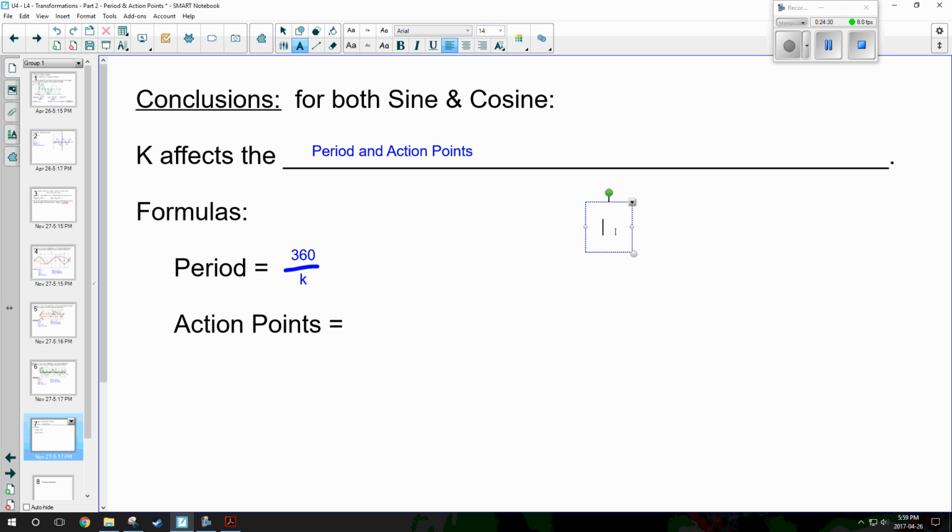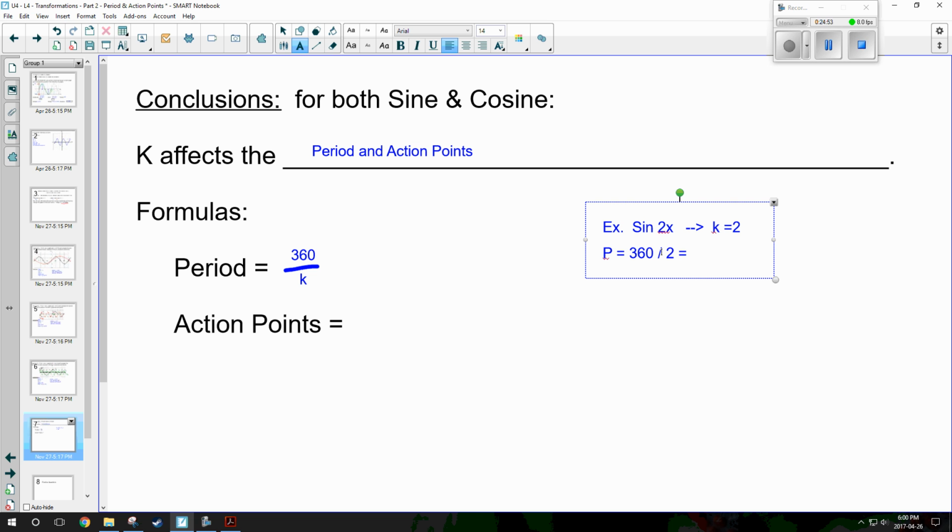So let's just see an example of that. For example, when we had sine 2x, and that's the one that we were graphing, our period, if we do 360 and divide it by our k value, which in this case is equal to 2 because that's the number in front of the x.